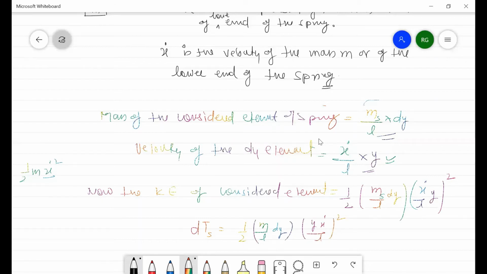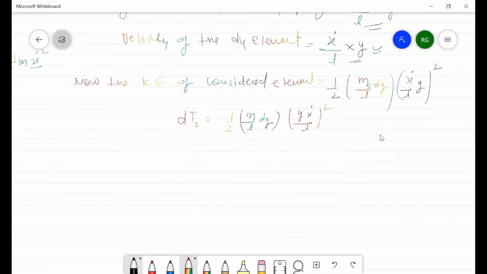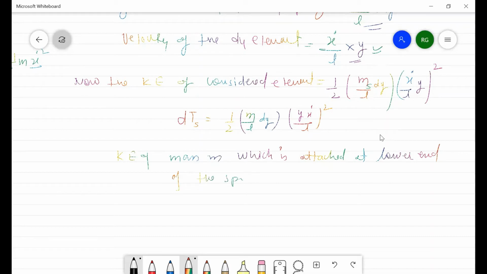Now we know that the kinetic energy of the mass m which is attached at the lower end of the spring is equal to half m x dot square.